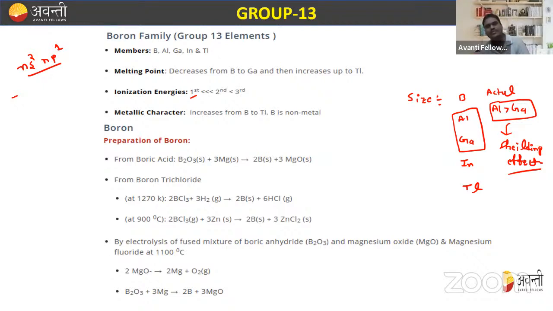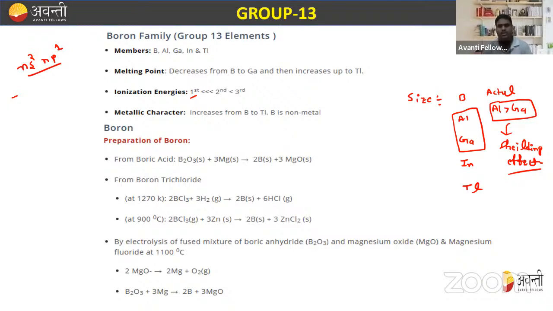So this point you must remember: atomic size, general electronic configuration, and based on this, the ionization energy as well, right? Now, melting point. Melting point decreases from boron to gallium and then increases up to thallium. Boron is very hard and has a very high melting point as compared to gallium.